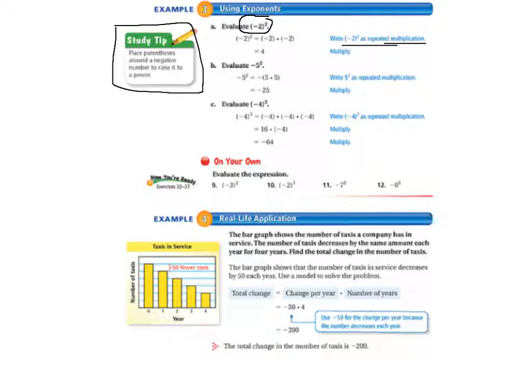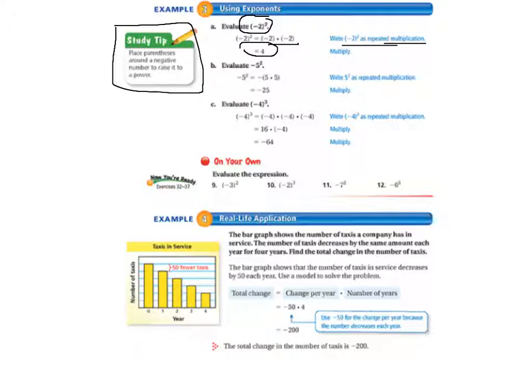So that means that the negative sign is inside the parentheses. So when we write out our problem, the negative travels with our 2. So it gets repeated every time we do the exponent. So negative 2 times negative 2. So there are two negative signs. So when we multiply it, since there are two negative signs, we have a positive at the end. So 2 times 2 is 4, which gives us a positive 4.